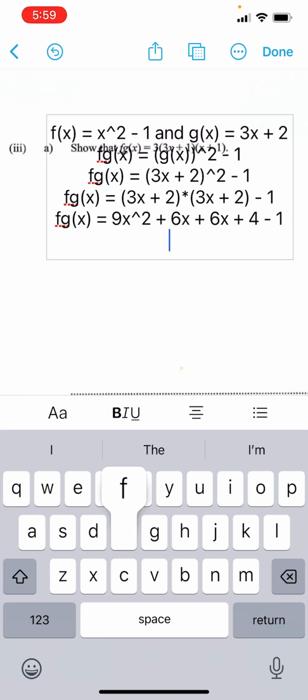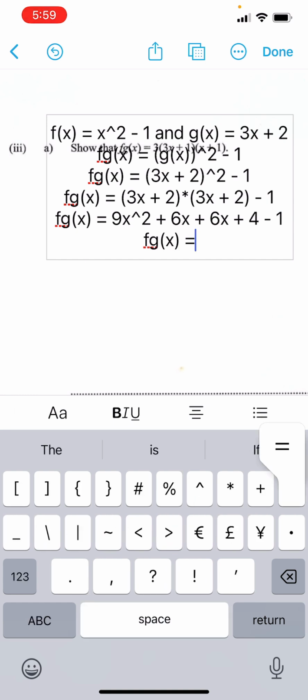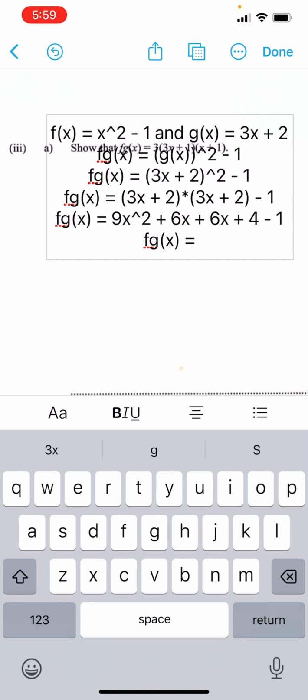Okay. F of g of x is equal to, now what we're going to do is group like terms, right? So like terms are like 6x and 6x because they both have x, right? 9x squared doesn't have another like term because it's the only one that has x squared.